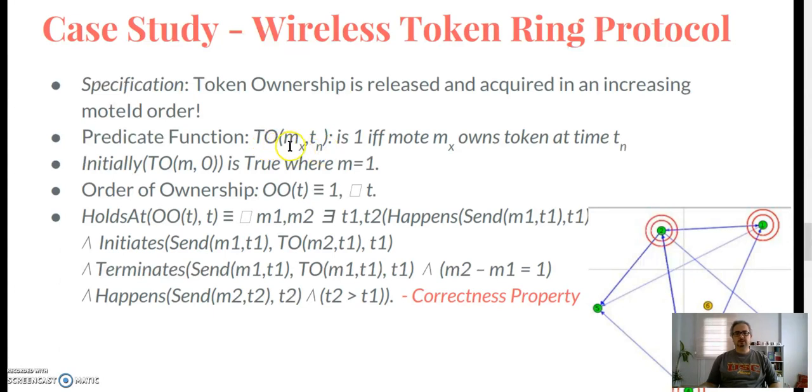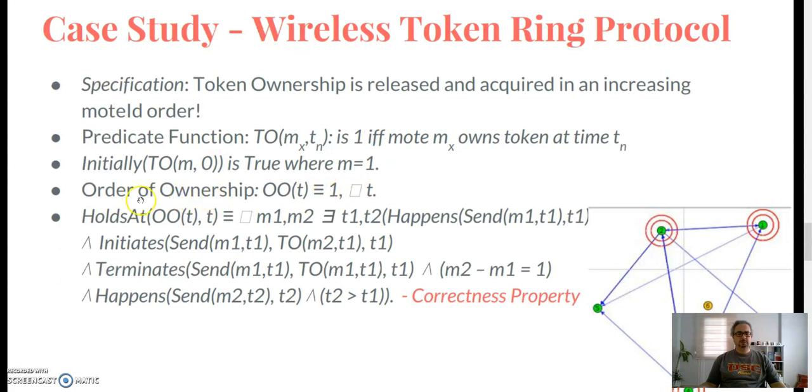It states that token ownership for node mx at time tn is 1 if and only if node mx owns the token at time tn, right? And we will assume that node 1 initially owns the token, so TO of m0 is 1.